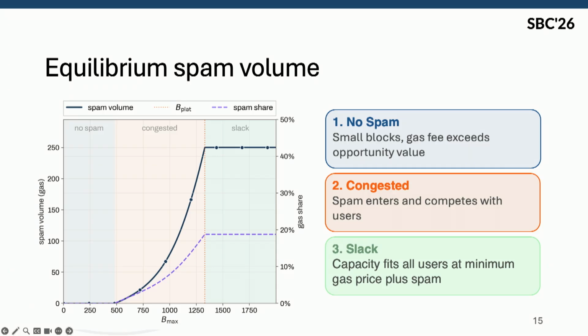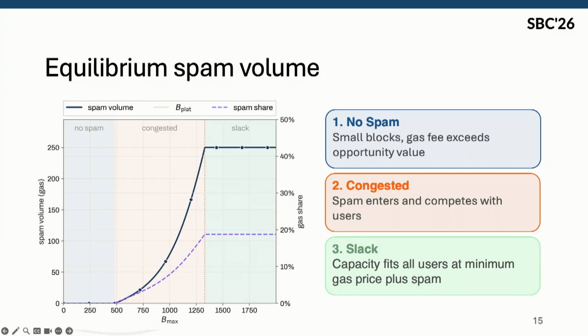So some users will essentially be crowded out because of the existence of such spam transactions. The third region in green is a slack region, which means that everything will fit into the block because the block is so large at the minimum gas price. So essentially, every user that should have been included in the block at the minimum gas price will be included.